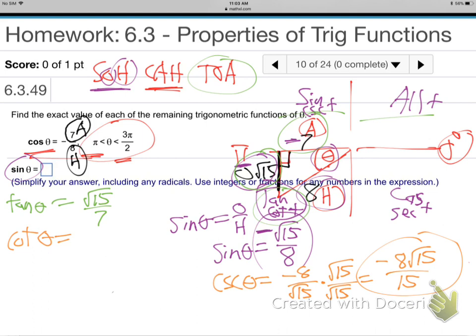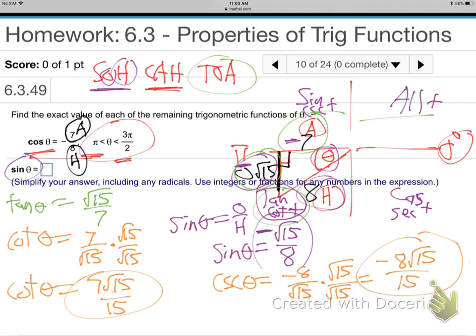Cotangent will be upside down here, so that'd be 7 over root 15. Again, can't have the root in the bottom. Multiply top and bottom by root 15. So cotangent is 7 root 15 over 15. So we got the cotangent, got the cosecant, and the last one is flipping the cosine, huh? So I take the cosine, which they gave me right here, and the upside down of that is secant.